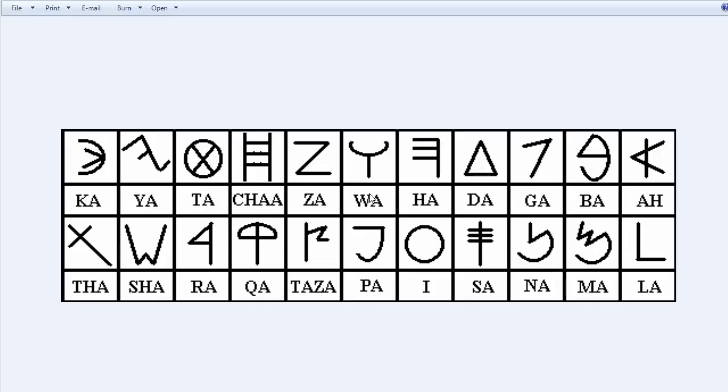But these 22 characters each have a numerical value and each have a meaning.